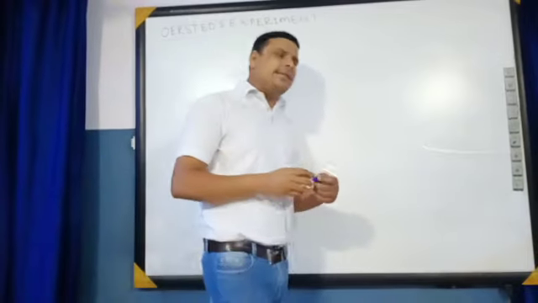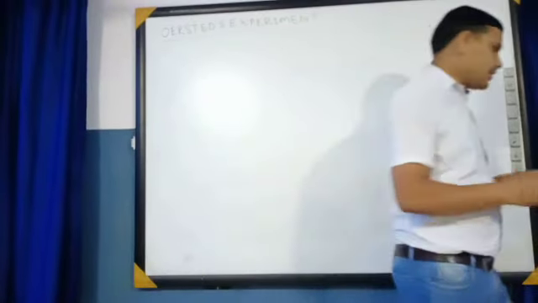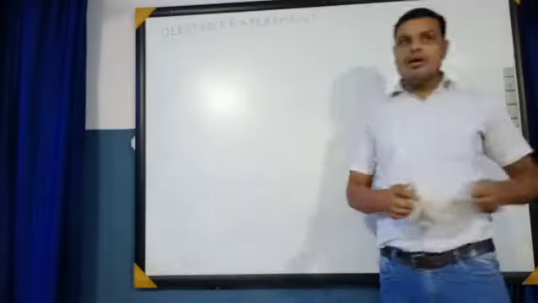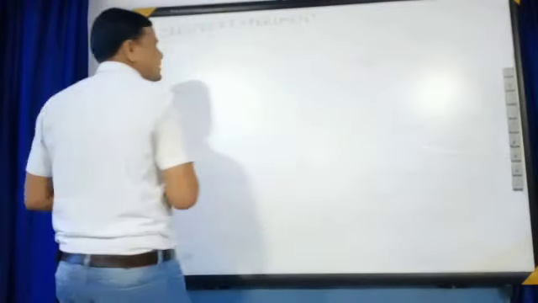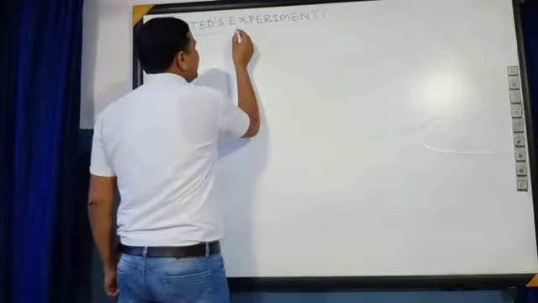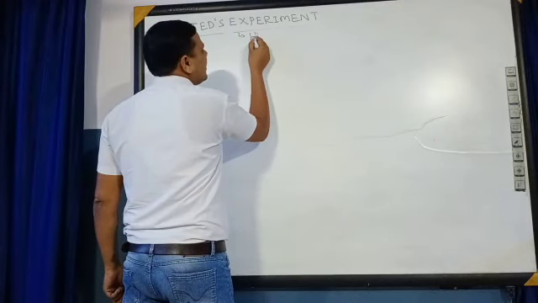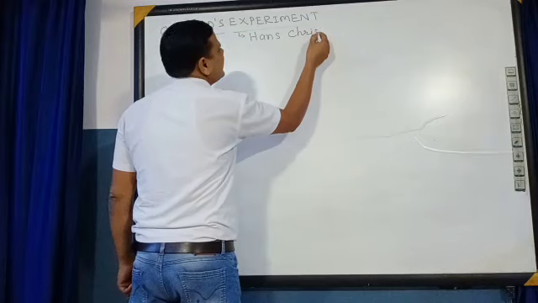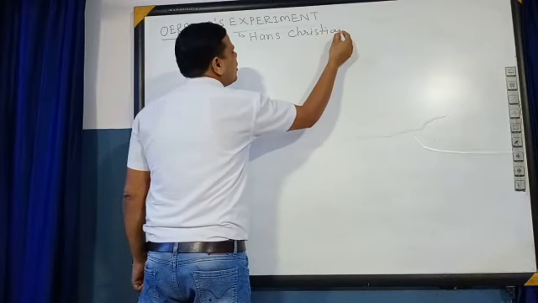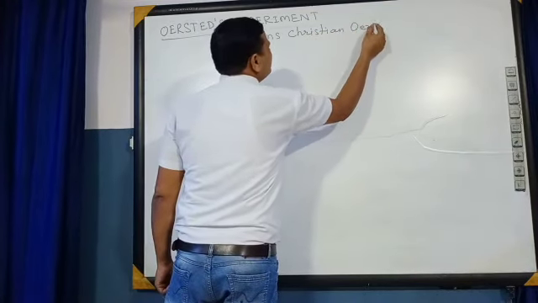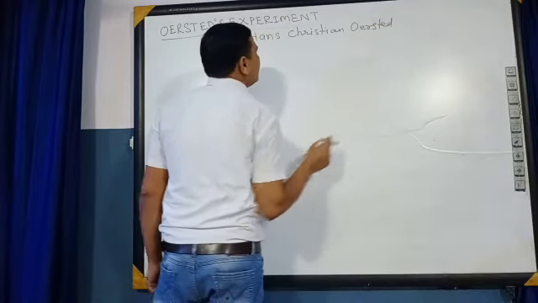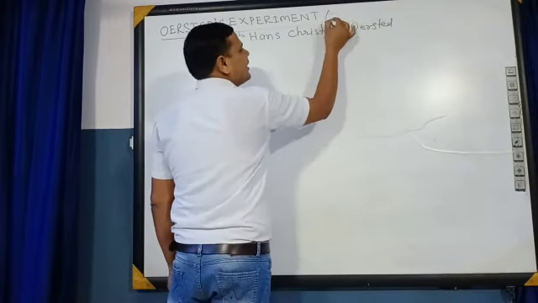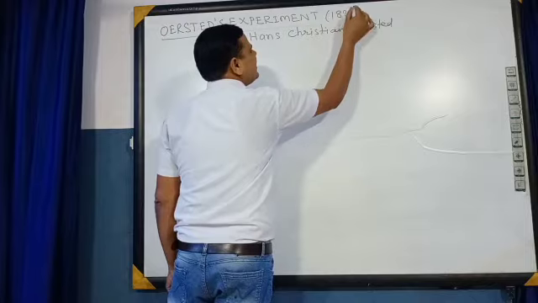There was a scientist known as Hans Christian Oersted, who did an experiment in the year 1820.